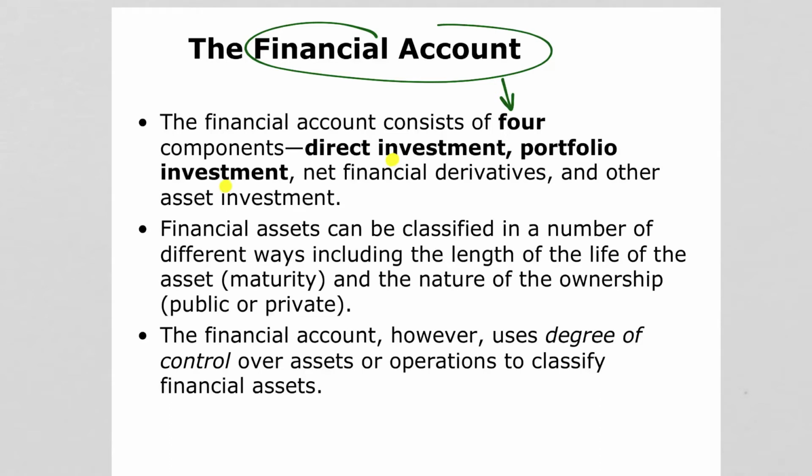These are all financial assets, but whether one particular transaction is categorized as direct investment or portfolio investment depends on the length of the life of the asset, its maturity, and the nature of ownership. The primary way to categorize it, though, is the degree of control.